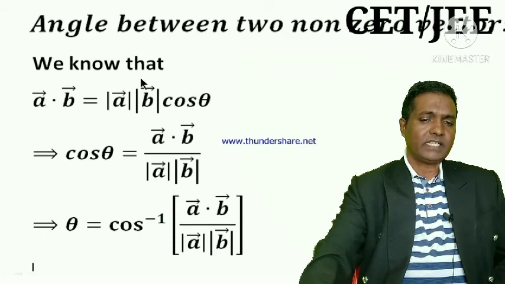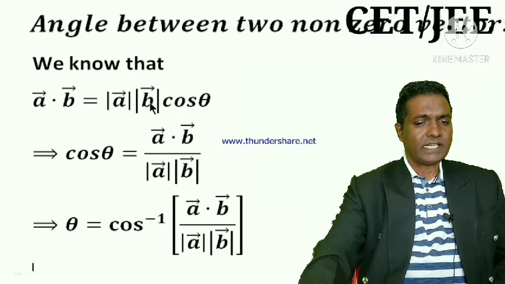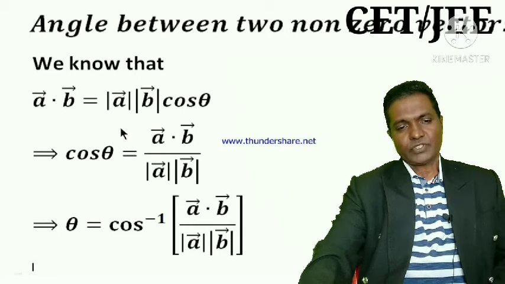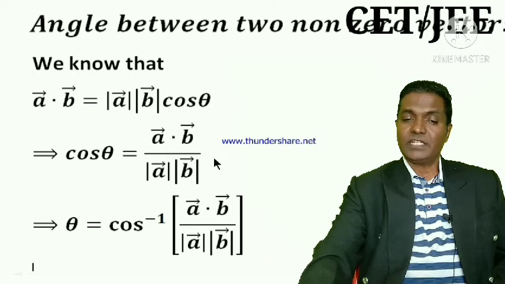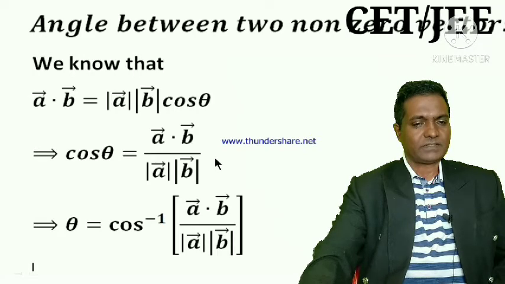So keep cos theta on this side, and if you transfer these to the left, they get divided. So cos theta is equal to a dot b by magnitude of a, magnitude of b. Using this relation, we can find the angle between any two non-zero vectors.